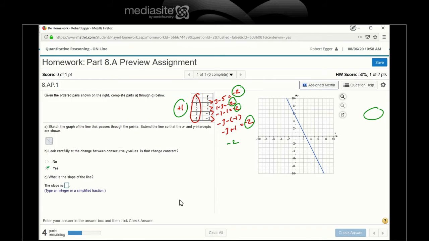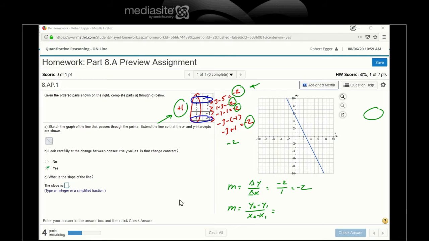What is the slope? Well, I can see that for every change of 1 in x, I get a change of minus 2 in y. Or let's go with the extremes: this point minus that point.